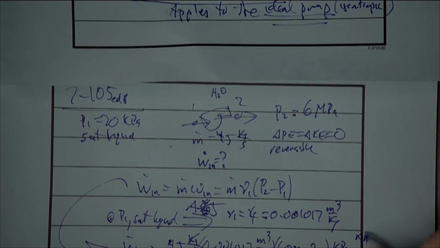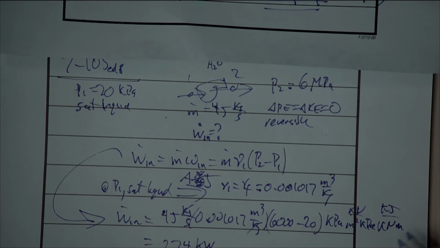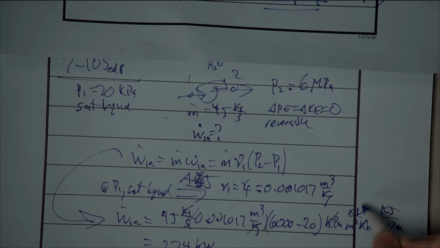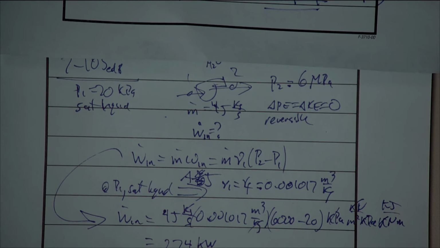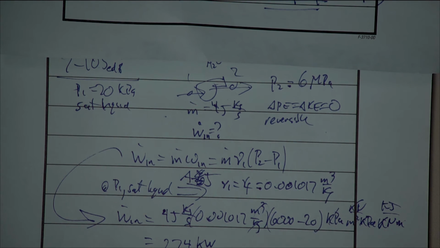We know that a kilonewton per square meter is the same thing as a kilopascal, and we also know that a kilojoule is the same thing as a kilonewton meter, right? So basically that's how everything is going to cancel out, and it's going to leave you with just kilojoules per second. Meters cubed cancels, kilojoules per second, kilowatts, so no real unit issues here.